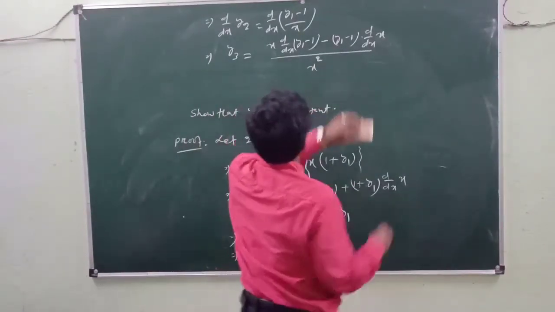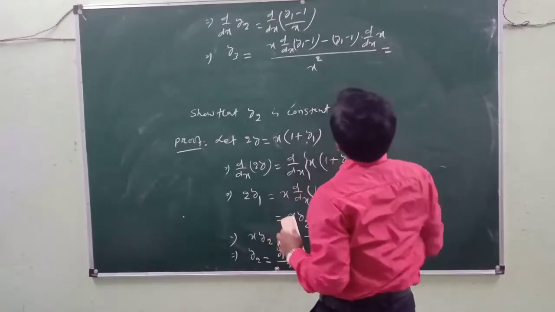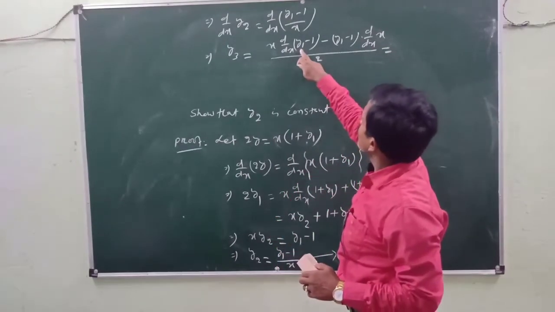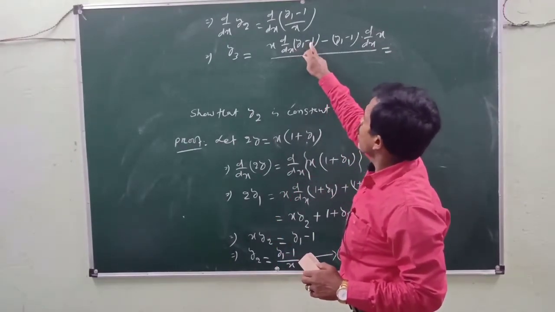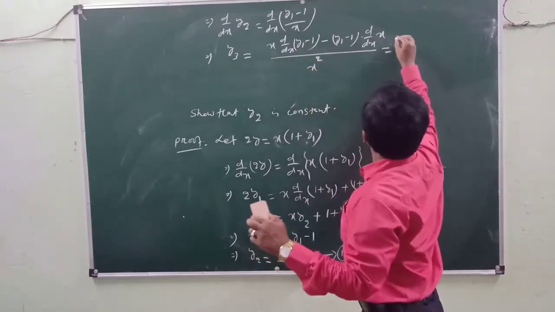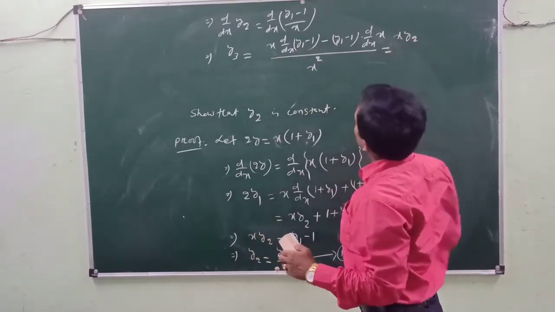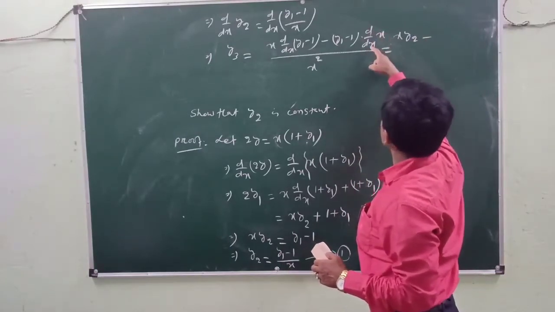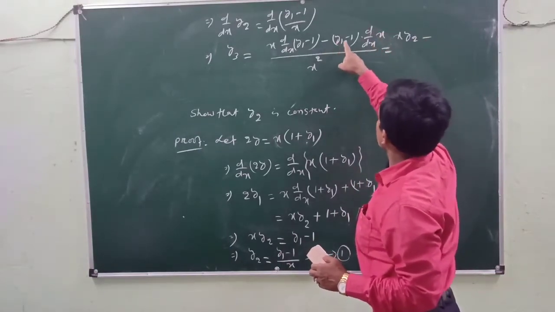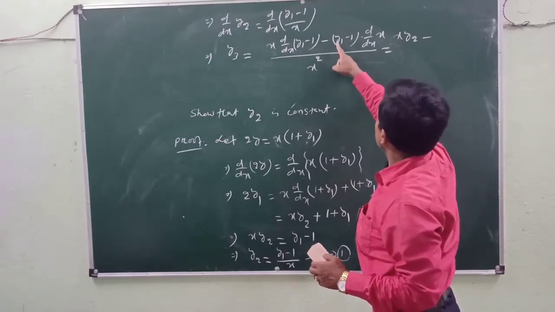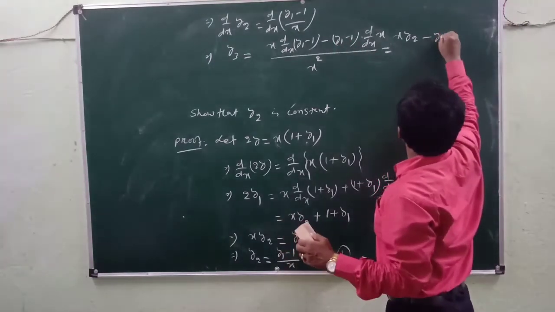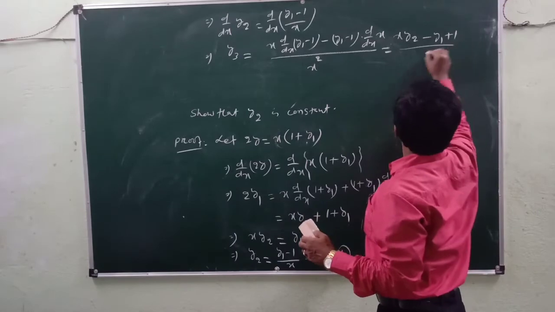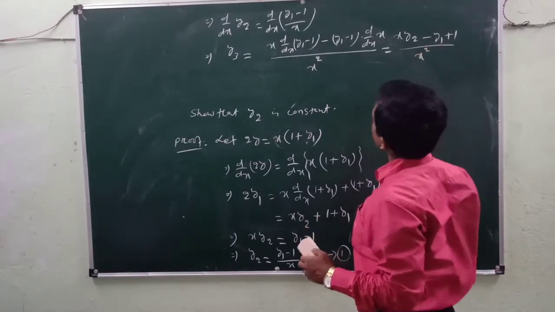So its value: the derivative of y1 is y2 and the derivative of 1 is 0, so this term will be x y2, then minus, the derivative of x with respect to x is 1, now minus of y1 minus y2, that will be minus y1 plus 1, divided by x square.